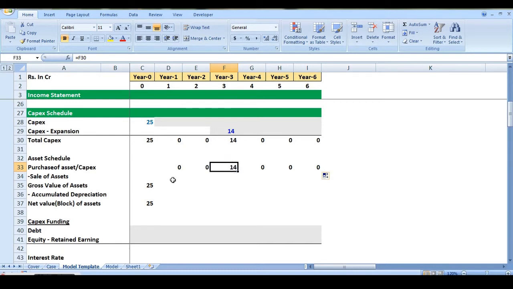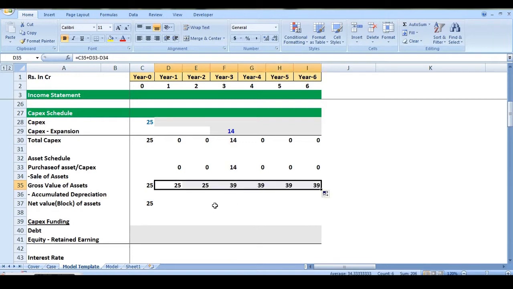There are no sales values, so gross value of asset is always an accumulated value of asset, which is to be calculated as equal to previous year's gross value of asset plus the purchase of asset minus the sale of asset if any. When we track this, we get the value of gross value of asset for all the years, and this is the value on which we are supposed to calculate the depreciation.